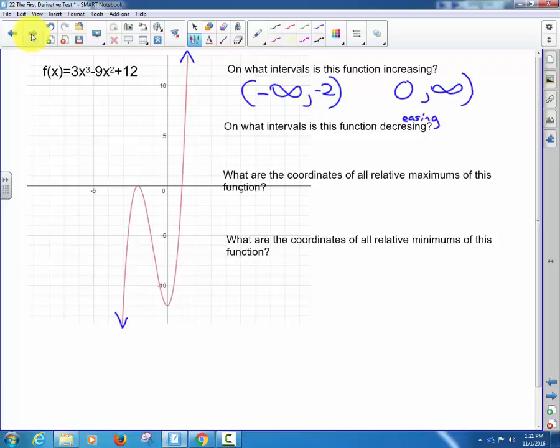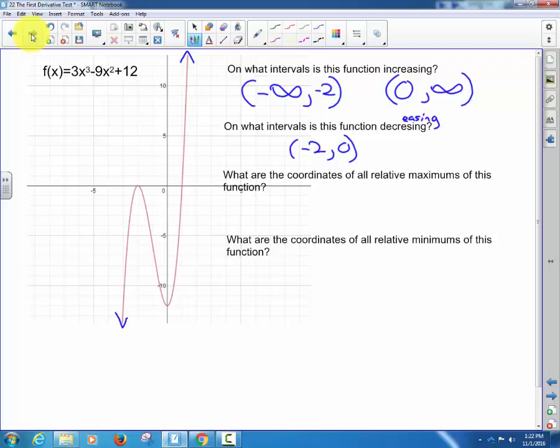Zero to infinity. So it's increasing on those two intervals. Is there any place that it's decreasing then? Negative 2 to 0, okay? We didn't define what we mean by this, but increasing means the function's doing what? Going up. It's getting bigger.